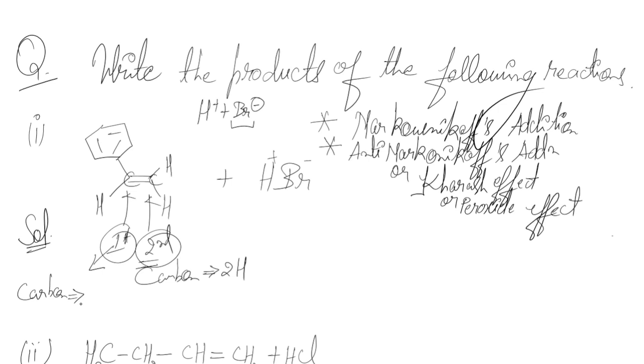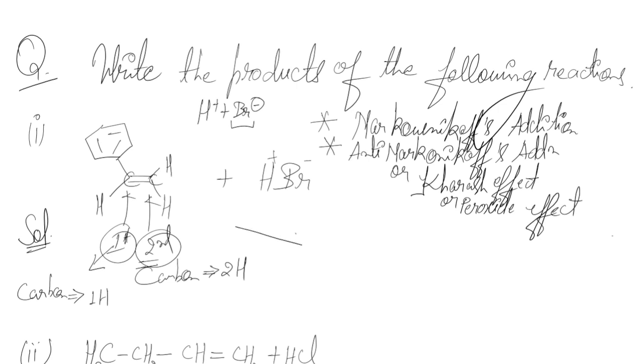So the bromide, Br negative, will attack this first carbon. Of course, there are some steric repulsions due to this phenyl ring, but right now we will solve this question like this.